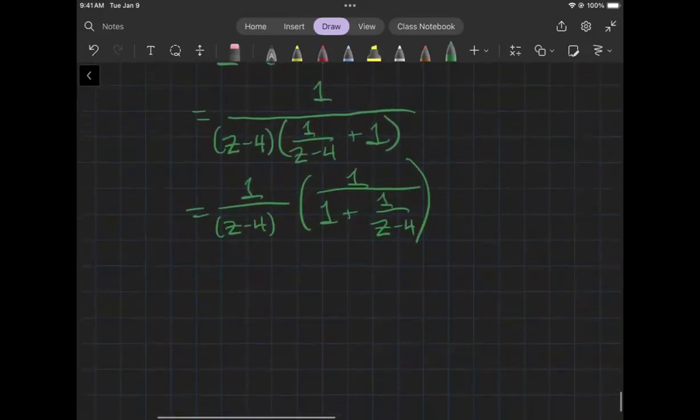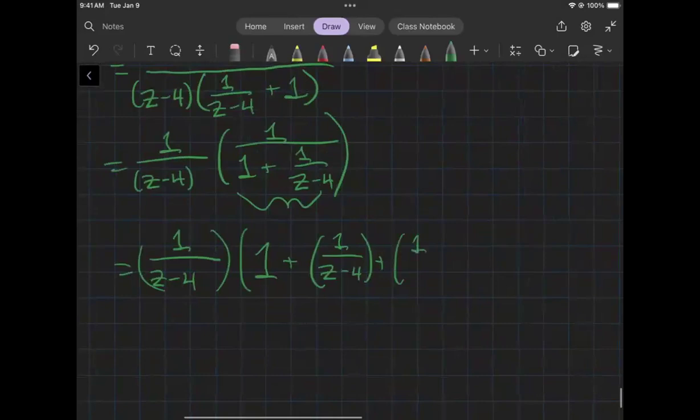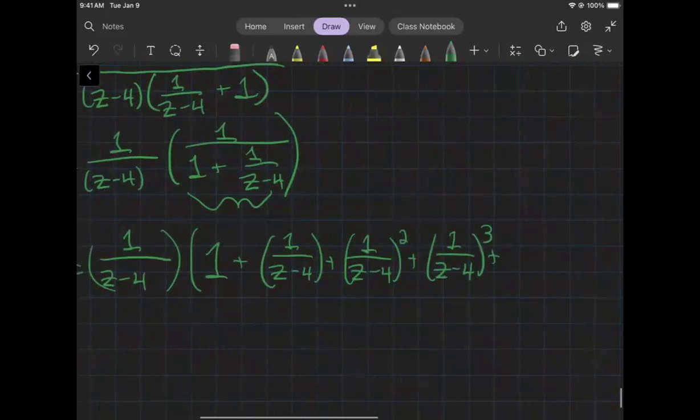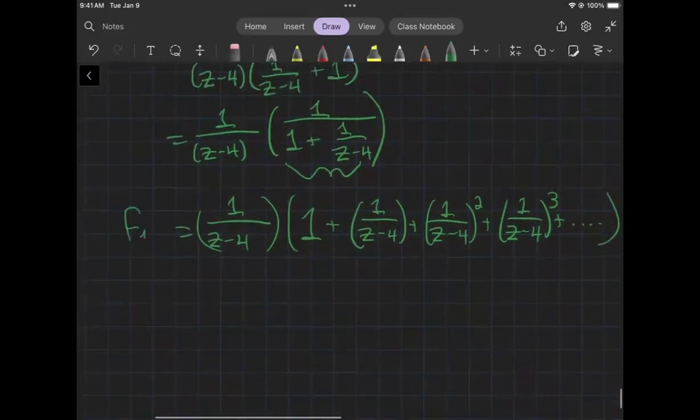Now I can write this quantity as a geometric series. So this equals 1 over z minus 4 times 1 plus 1 over z minus 4 plus 1 over z minus 4 squared plus 1 over z minus 4 cubed plus, this pattern keeps going. Okay, so this is what F1 equals.